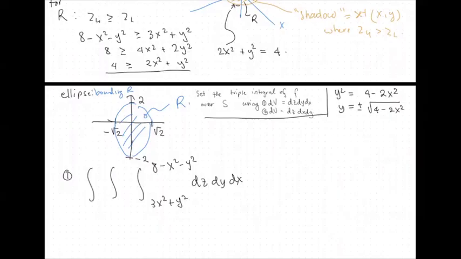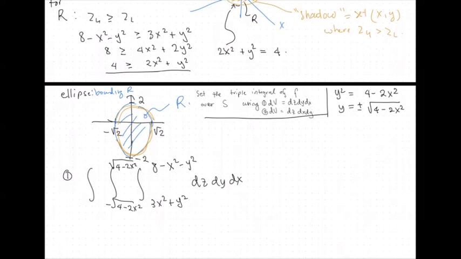So here, our y in terms of x is bounded above. This equation here is the positive. The equation here is the negative. So this is square root of 4 minus 2x squared. You can factor out 2, so 2 times 2 minus x squared. And then below by negative square root of 4 minus 2x squared.